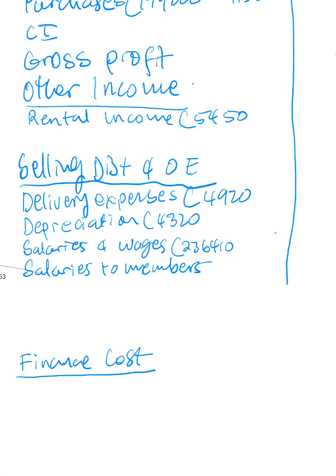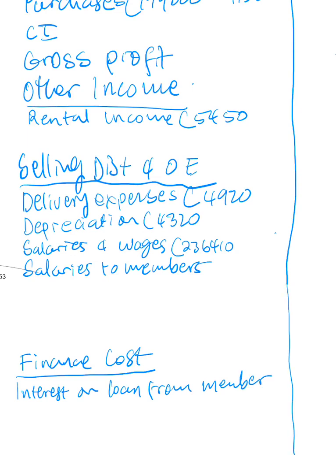We have a finance cost, so we have got interest on loan from member. How much is it? Interest on loan from member, it's 5,000. So I'm going to put my 5,000 there, open bracket.